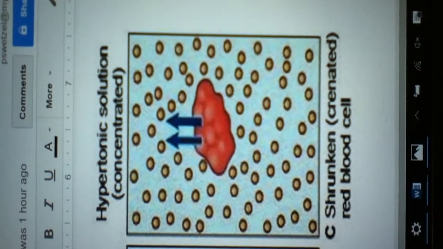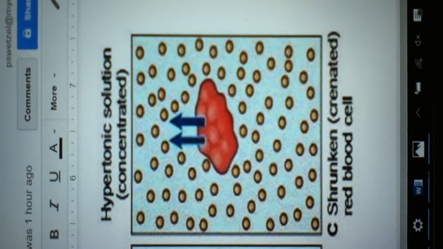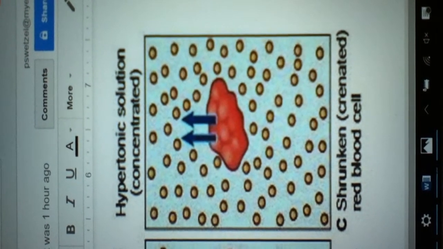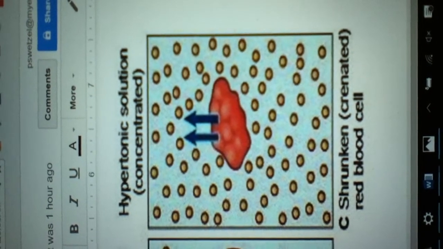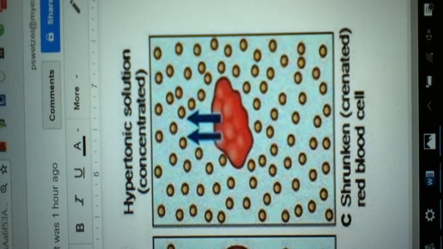So I think about hypertonic solutions, and I think about Chinese food. When you eat Chinese food, you feel really thirsty because you've eaten a very high sodium food. It's got a lot of salt in it. So your cells are shrinking down. The water from inside of your cells is coming out into your blood.